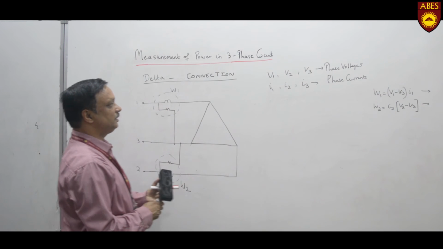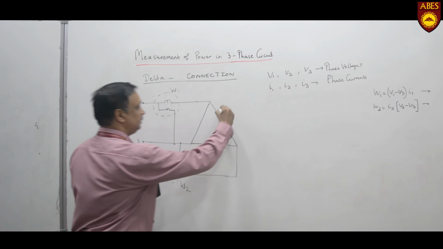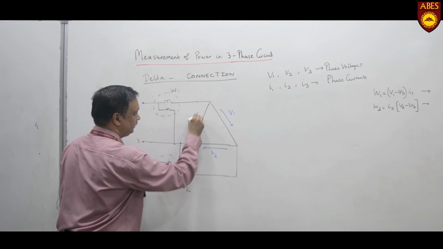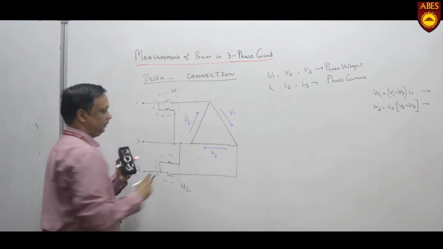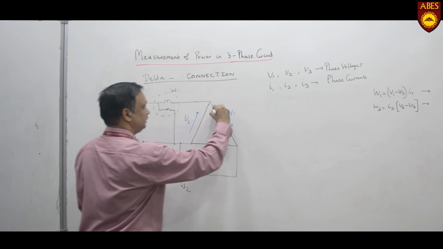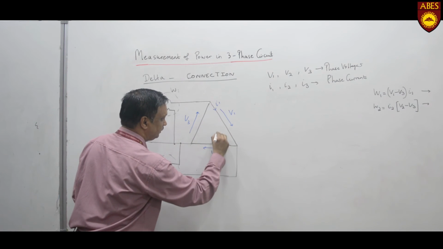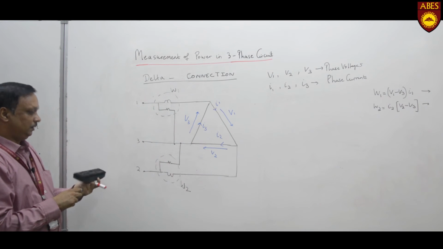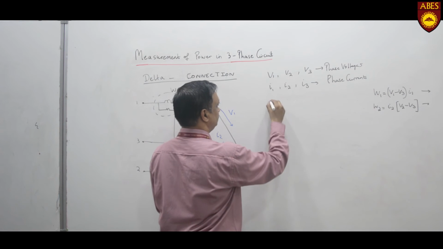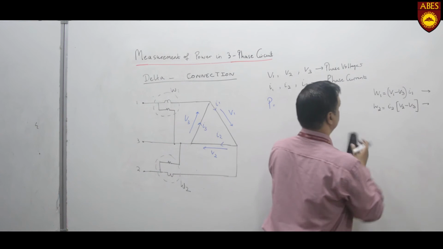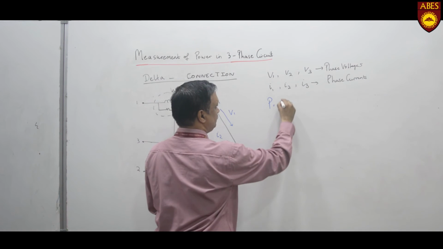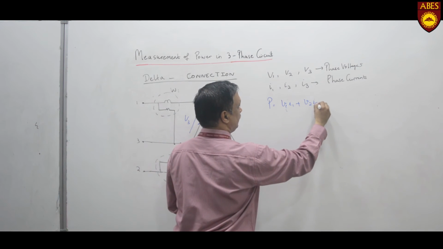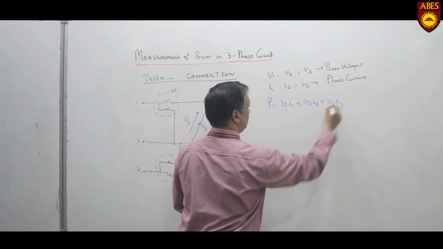Phase voltages are V1, V2 and V3. So this is V1, this is V2, this is V3. Similarly the currents I1, I2, I3. Now the total instantaneous power is V1 I1 plus V2 I2 plus V3 I3.